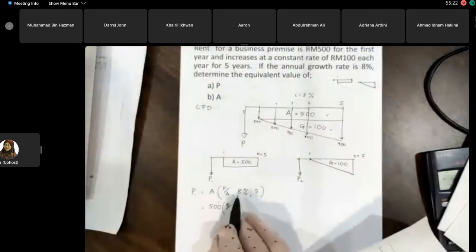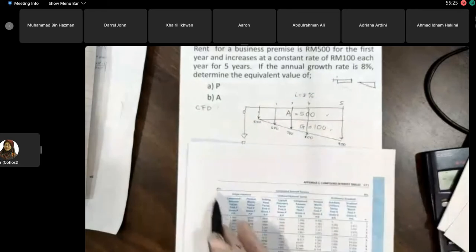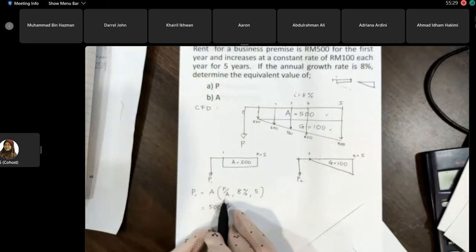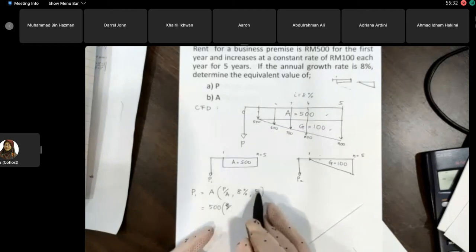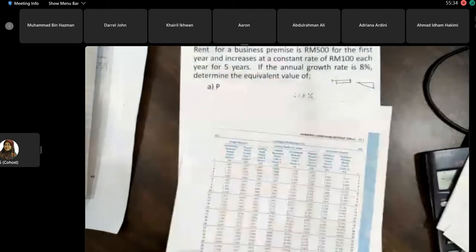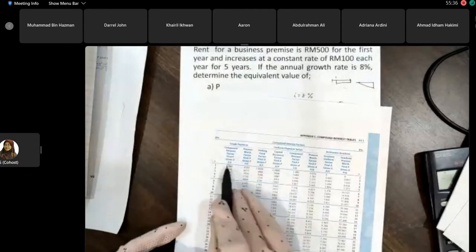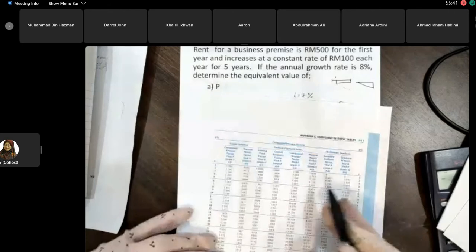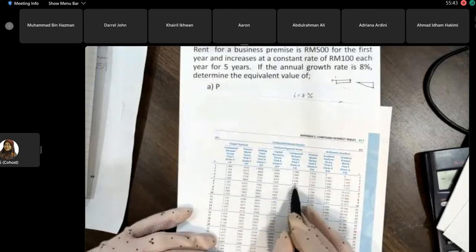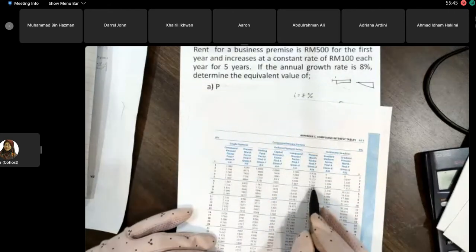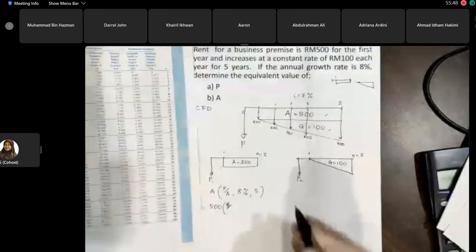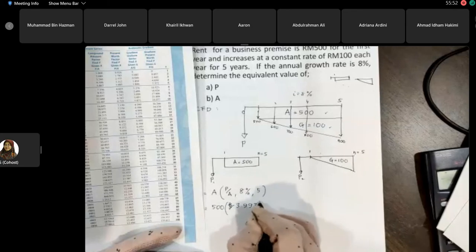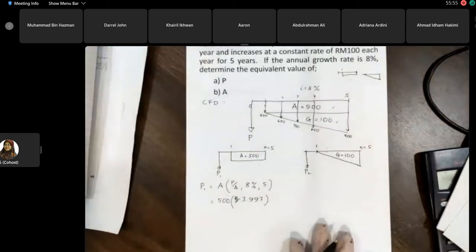Okay. 8% punya table. This is the table of 8%. With the P over A, dia punya factor is P over A at the year of 5. 8%, P over A, the year is 5. Okay, the year is 5. 3.993. So 3.993. So what is the answer?